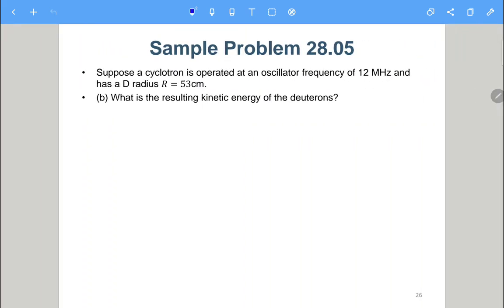Okay, so for part B, what is the resulting kinetic energy of the deuteron? So we have V equals RQB over M, because we have R equals MV over QB, if you still remember.